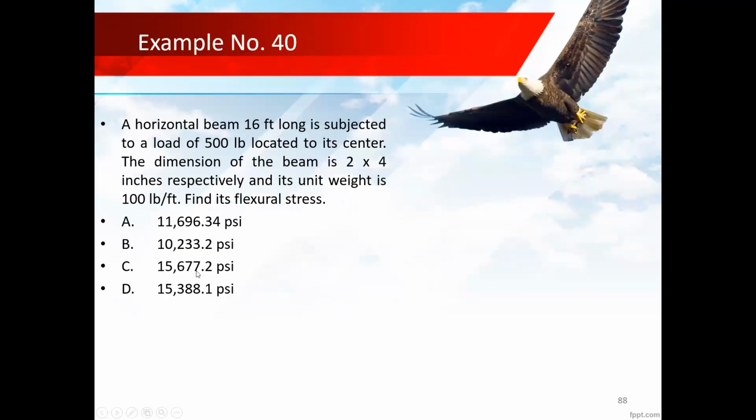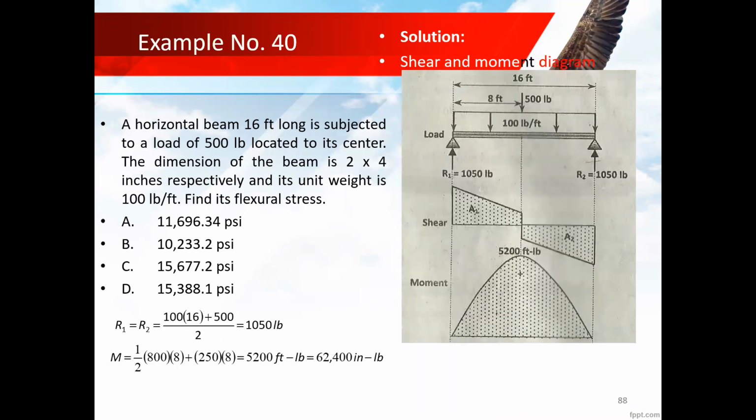Example number 40. A horizontal beam 16 feet long is subjected to a load of 500 pounds located at its center. The dimension of the beam is 2 by 4 inches respectively, and its unit weight is 100 pounds per foot. Naka-animation pa.